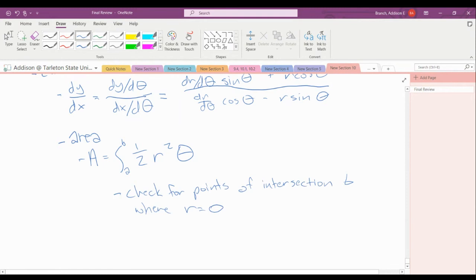For either one of your equations, check and see if there's a spot where your radius is 0 and it goes back to the pole. Because the biggest thing that will help you with area is symmetry. I don't know if I spelled that right, but it's finals season. I don't spell well right now.